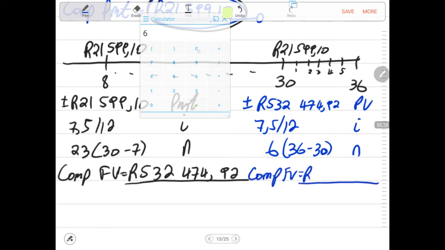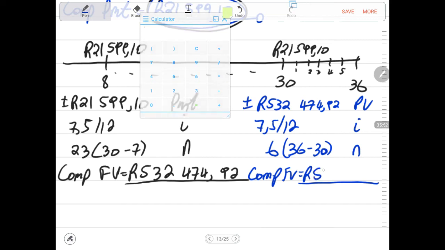Then now we need to know how much will be in the future. Then we say second function, alpha 00, plus minus 532,474 rand 92 cents is the present value. 7.5 divided by 12 is the interest. 6 is our n. Compute future value.